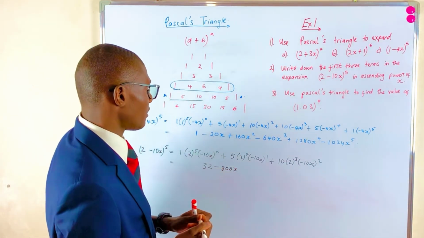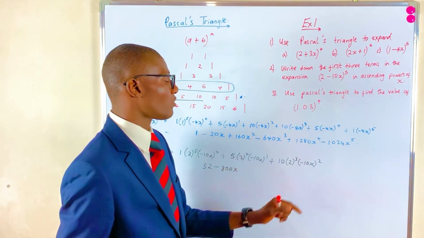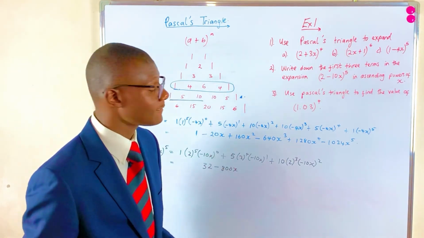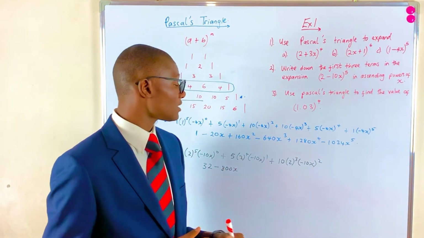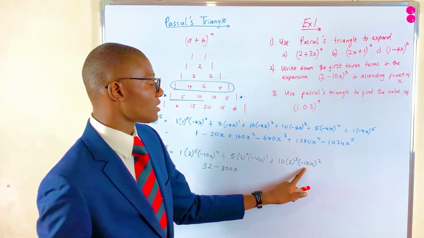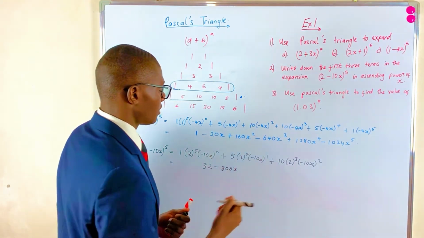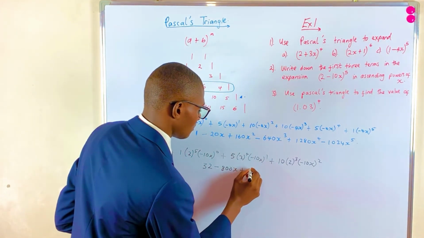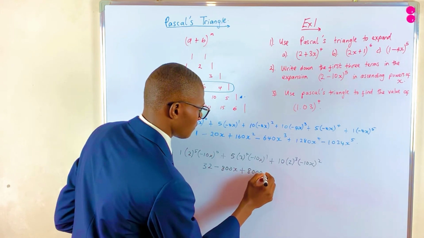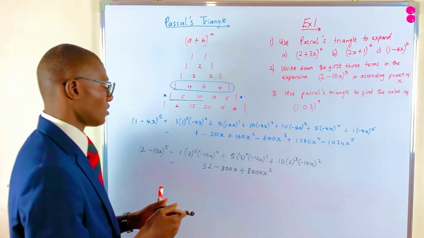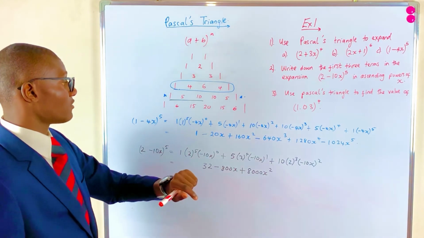Right, and then 2 to the power of 3, we get an 8. 8 times 100, that's 800. 800 times 10, we get 8,000x squared. So this is the result that is required for number 2.